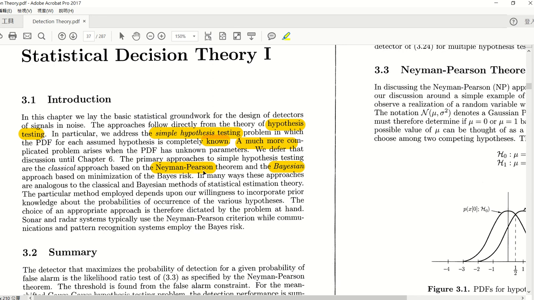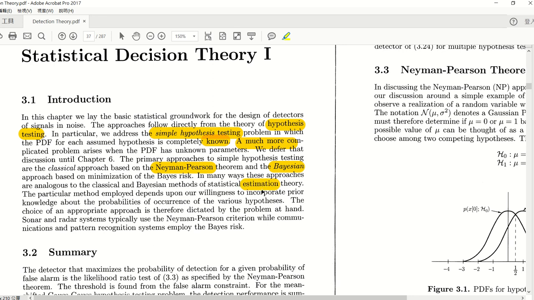In fact, they are different. We should not confuse them. Neyman-Pearson is one approach. Bayesian is another, and they have different philosophy. So the Bayesian approach is based on minimization of the Bayes risk. In many ways, these approaches are analogous to the classical and Bayesian methods of statistical estimation theory.